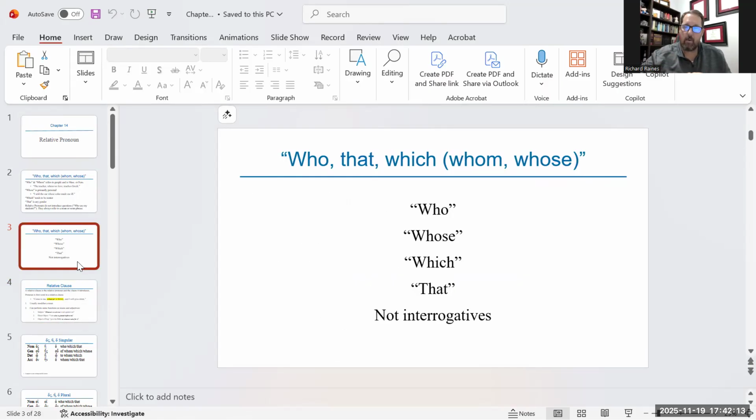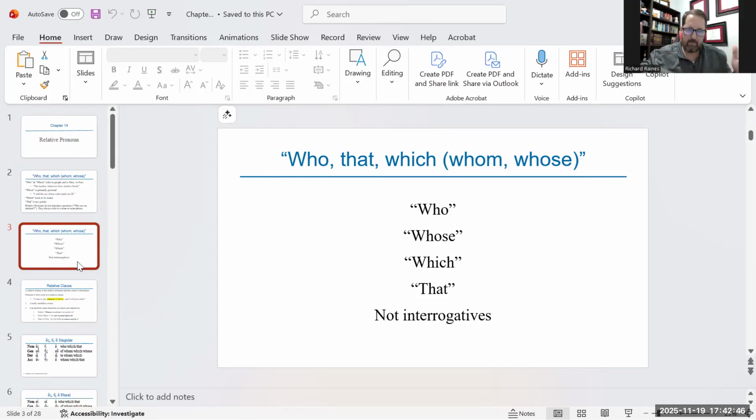You may have a pronoun. I just want to make sure that we're clear on this. You may have who that starts a question. Who hit that ball? Right? Clearly, you are starting a question with the word who. In that case, who is not a relative pronoun. So we're not focusing on the word who or the word whose or the word which necessarily. Focusing on relative pronouns.